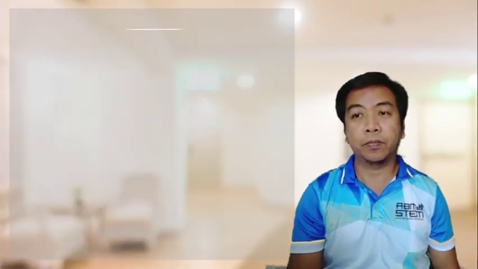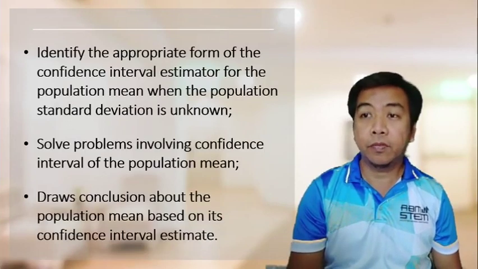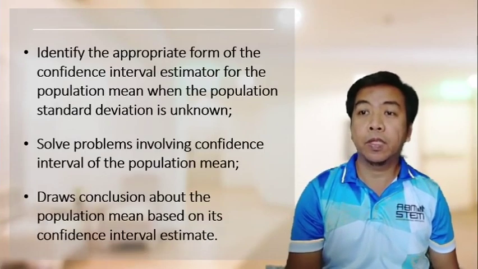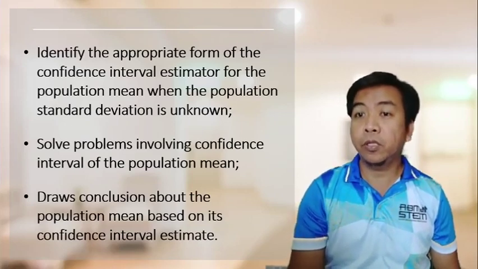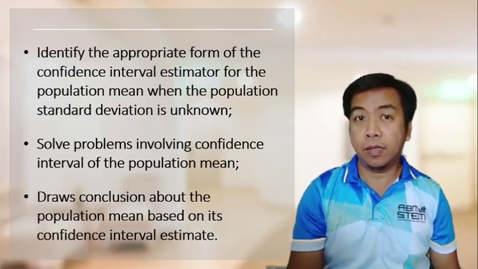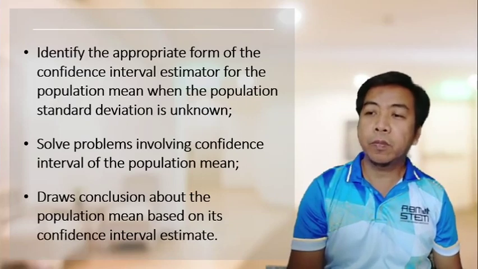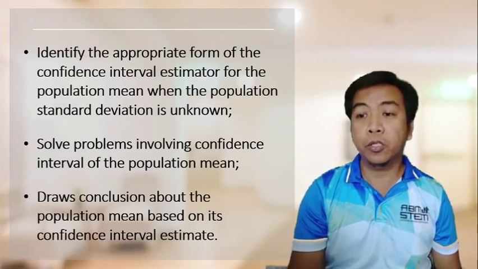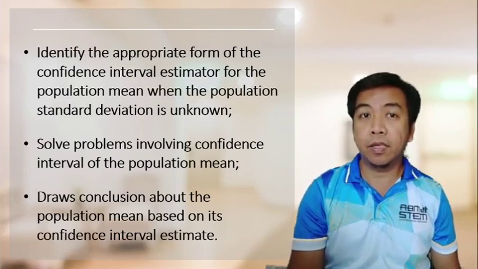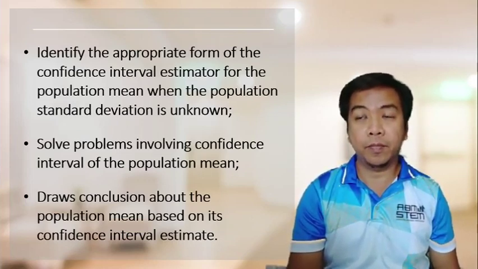Here are the objectives for today's lesson. Identify the appropriate form of the confidence interval estimator for the population mean when the population standard deviation is unknown. Solve problems involving confidence interval of the population mean. Draw conclusions about the population mean based on its confidence interval estimate.